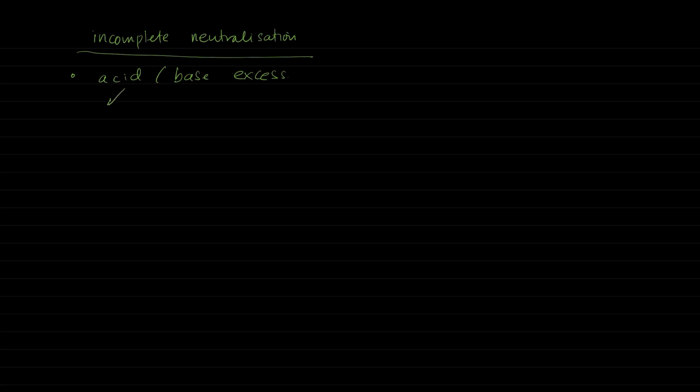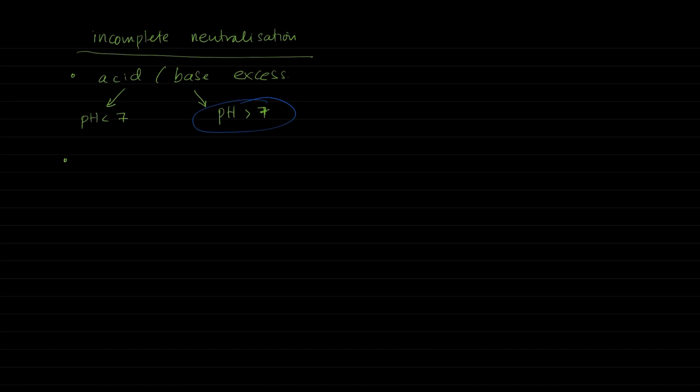If the acid is in excess, then the pH at the end is going to be less than 7. If the base is in excess, then the pH at the end is going to be greater than 7. So since magnesium hydroxide is a base, the answer we get at the end should be greater than 7.